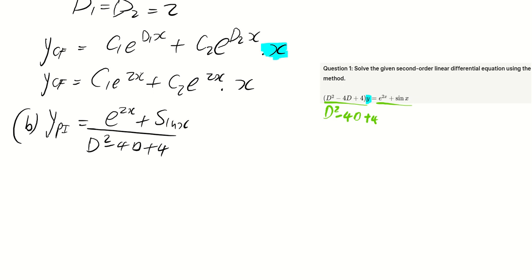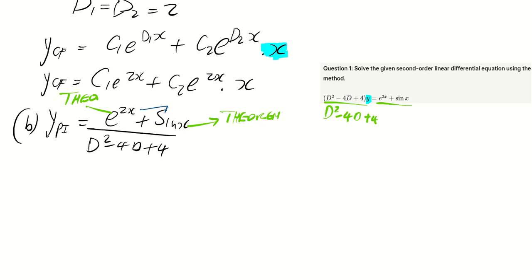sine x here. As you can see, you've got two different terms here, so we have to split them, because this one uses its own theorem. It's a trigonometric function, so it uses its own theorem. And also this one, it's an exponential function which uses its own theorem.